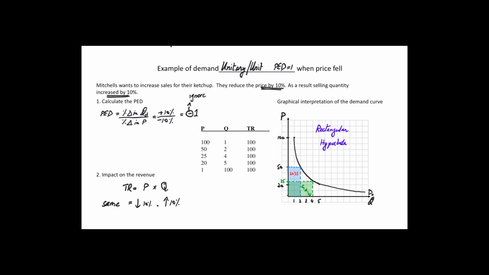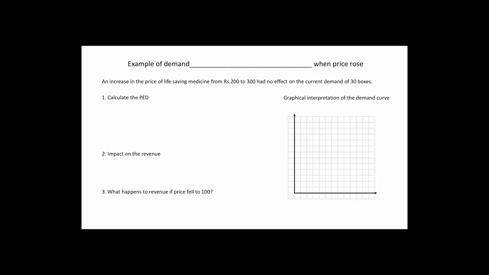Unitary is the third most important elasticity that you need to know. What we have is, they say, an increase in the price of life saving drugs. Just by hearing life saving, we can clearly think that it has to be a very important product, highly necessity. The price went from 200 to 300, but it had no effect on the demand.